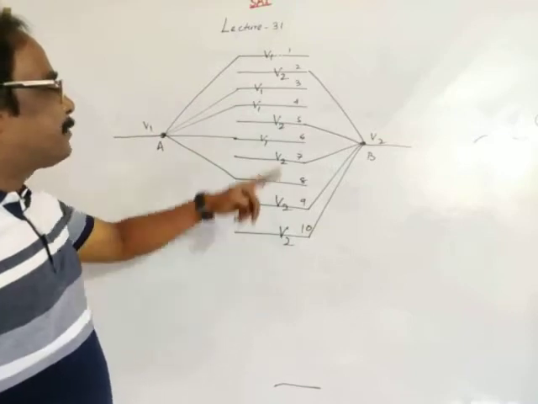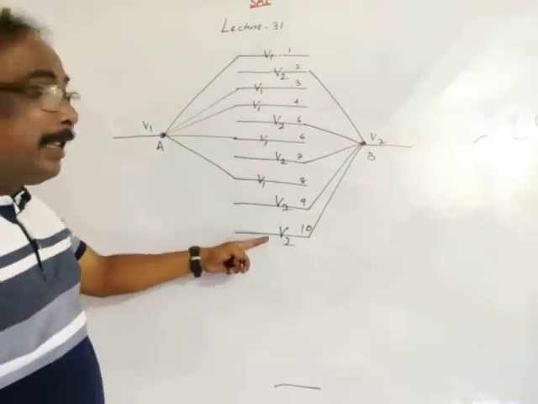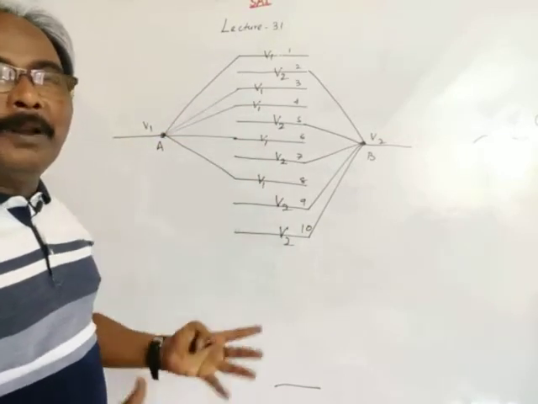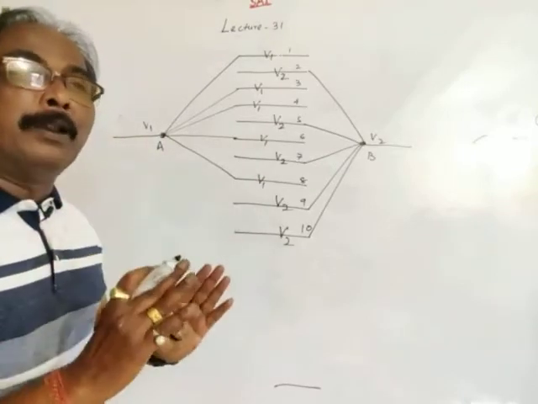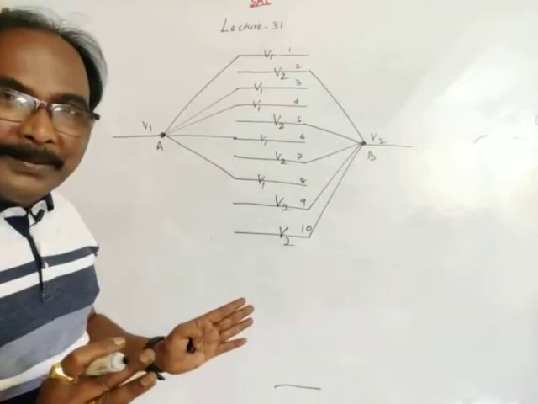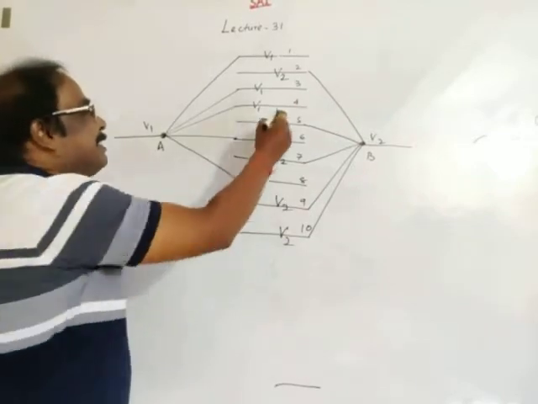See, the number of gaps. If there are 10 plates, the number of gaps is 10 minus 1, 9. So we should have 9 capacitors. But what happens?